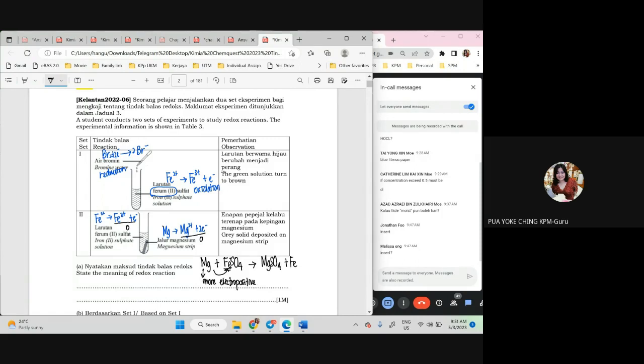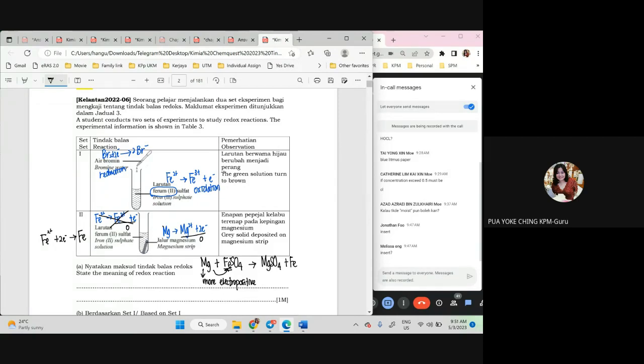So, Fe sini bukan jadi Fe3 plus. Ini salah. But Fe2 plus is become Fe sahaja. So, kena jaga-jaga untuk Fe.